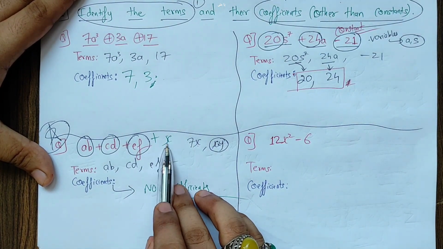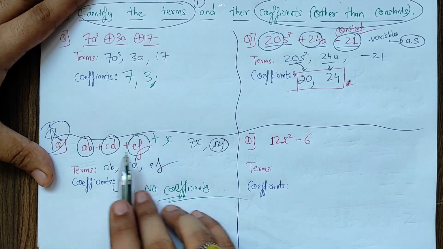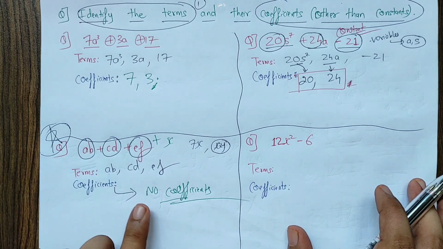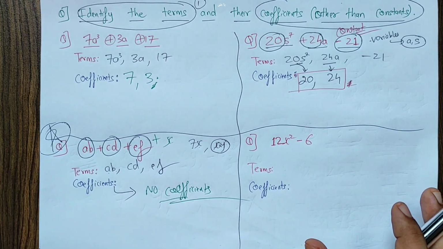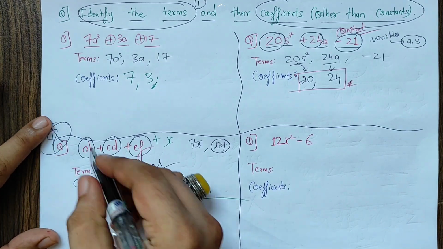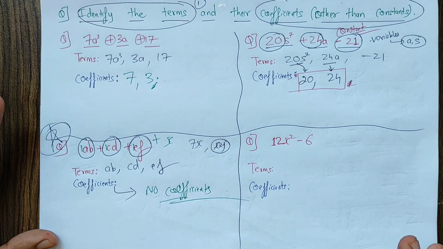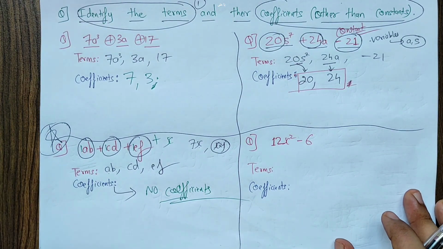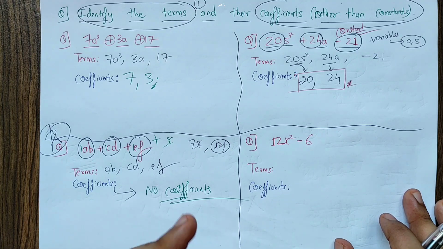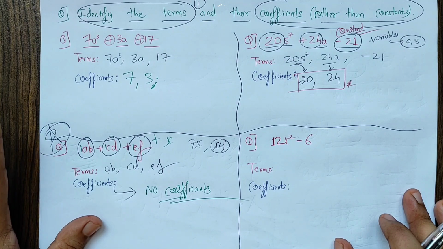So here it's only one variable, so its coefficient I would have told is 1. But because here are two variables, according to the textbook they say that there are no coefficients. But of course it is also a fact that where there is nothing, there is always 1. So we can consider 1, 1, 1 over here. So if any student writes the answer for this question as the coefficients are 1, 1, 1, then also it's a correct answer. Don't worry about it.